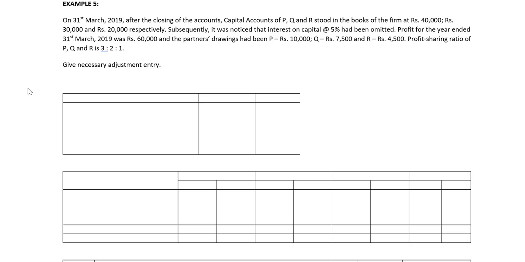So the working note 1 is to calculate the opening capital. Calculation of opening capital.